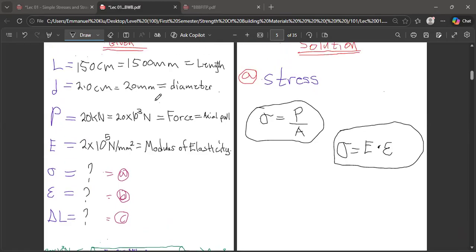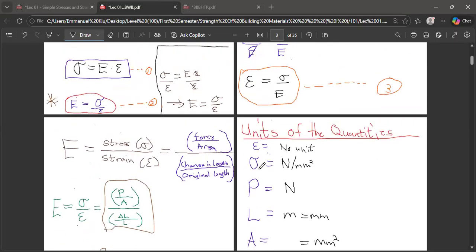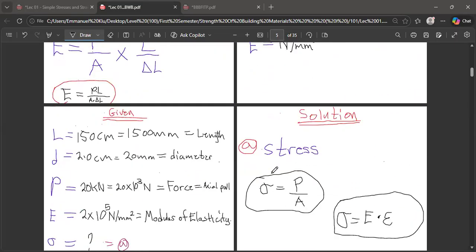Also, the area is unknown, but the area can be calculated. The formula for our area in this case is equal to what? We are going to be using pi d squared over 4. But take note, area can be calculated in so many ways, and I'm going to list that for you now, for you to see.